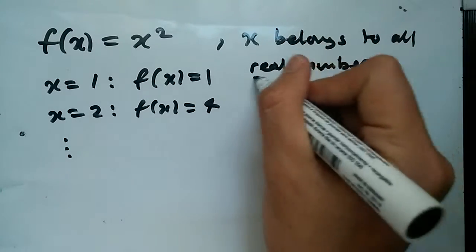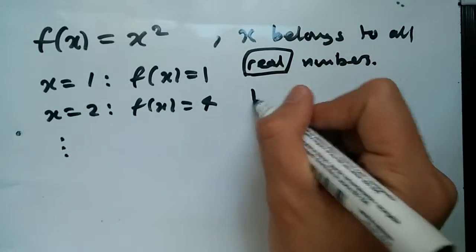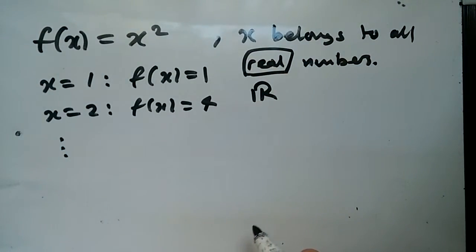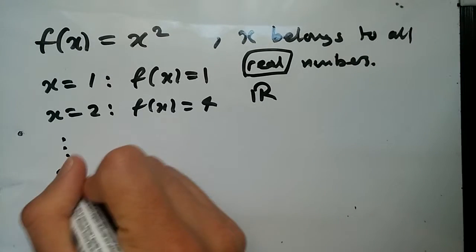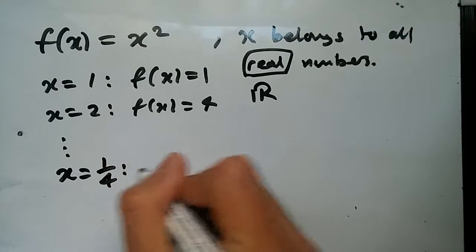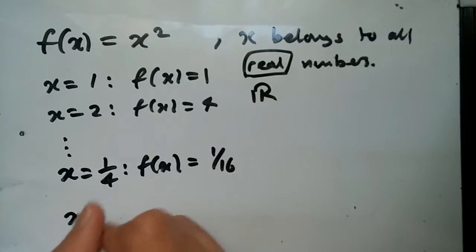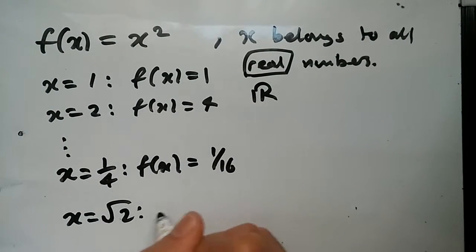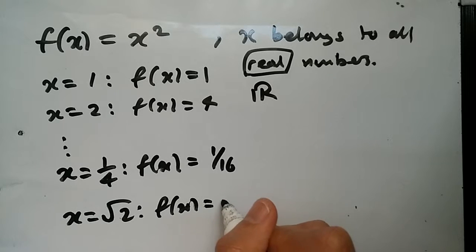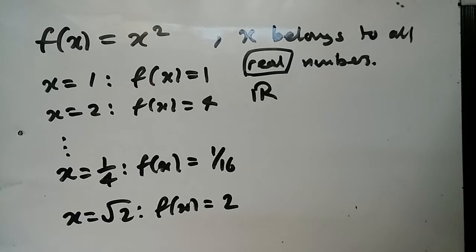When we say the word real, in other words, this notation, we mean that x can take, for example, x equals a quarter and still provide a solution. A quarter squared is 1/16. x can be a square root, root 2, and the function is 2, and so on.